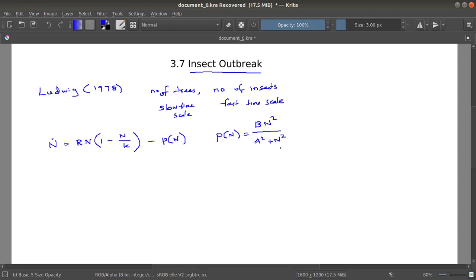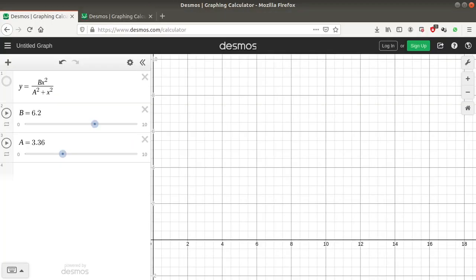Let's plot this function and try to understand what it means. Here I have shown only the positive side of n, because there is no meaning on the negative side. If I change my a value, this is how it varies, and if I change my b value, it looks like this.